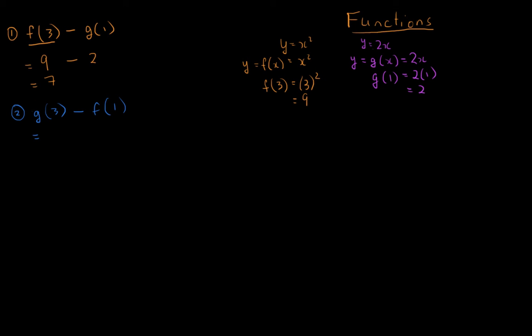So it would be 2 times 3 minus, now the f function is the x squared function, so if it's a 1, then I'm going to substitute 1 for the x, so it'll be 1 squared. So this would be equal to 2 times 3 is 6 minus 1 squared is 1, so the answer is 5.